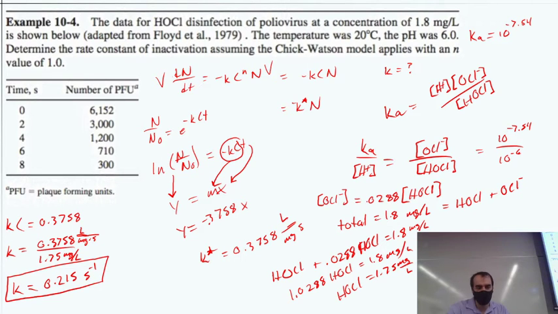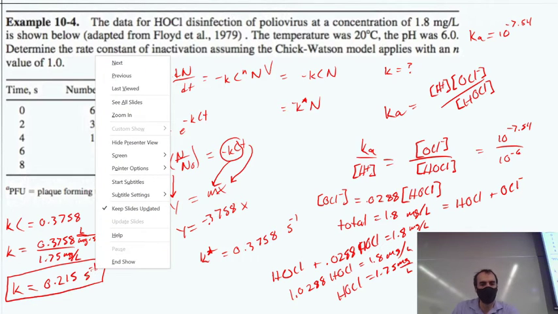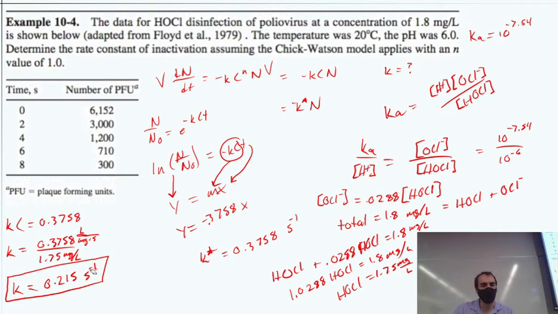Yep, you're right. I did that backwards. So this should be here per second. The overall K star is the overall constant, and the overall picture is a first order decay, and that first order means that the overall rate constant should be per time units.